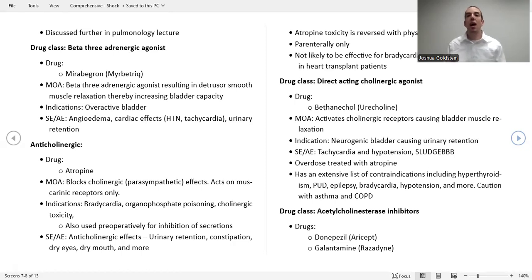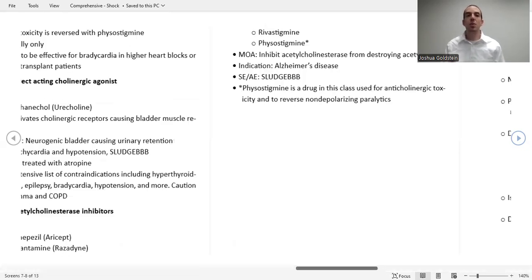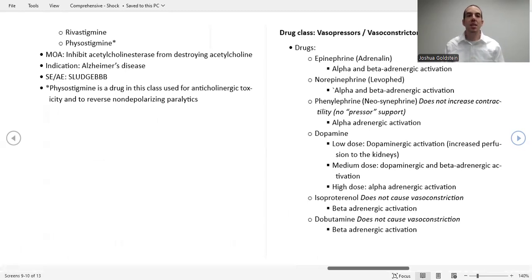The drugs over here have varied uses. We have donepezil, galantamine, rivastigmine, physostigmine, a bunch of different drugs here. These work by, like I said, blocking the body from getting rid of it. Specifically, this drug class is most commonly used for Alzheimer's disease. However, some of these can be used for other indications as well.